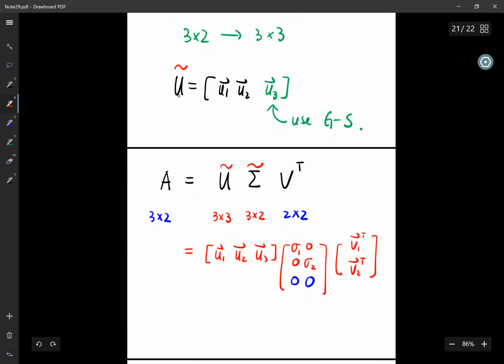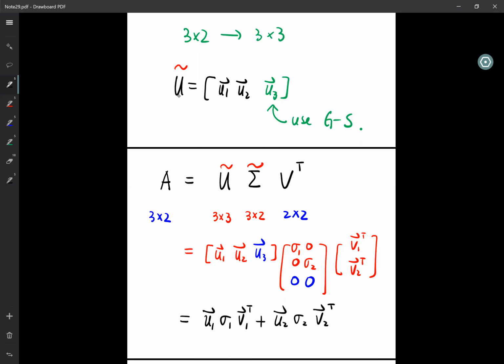By adding this 0 and by adding this U3, you just do the calculation and you will find that this is still U1 sigma 1 V1 transpose plus U2 sigma 2 V2 transpose. The result doesn't change at all.